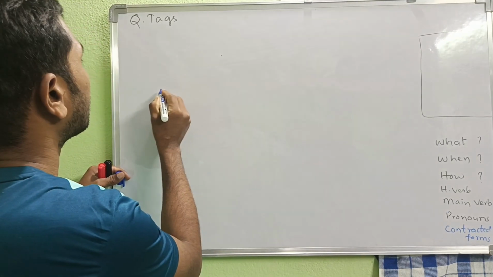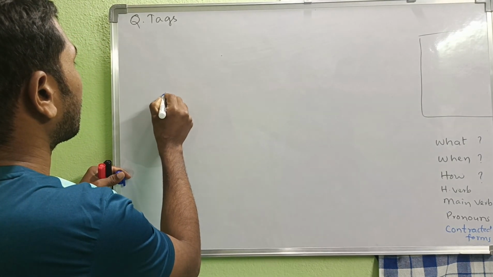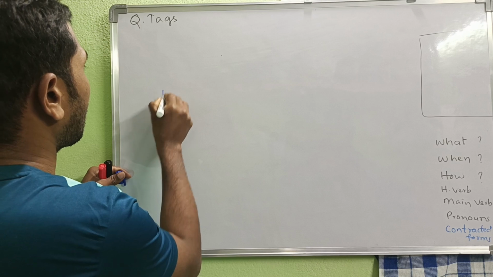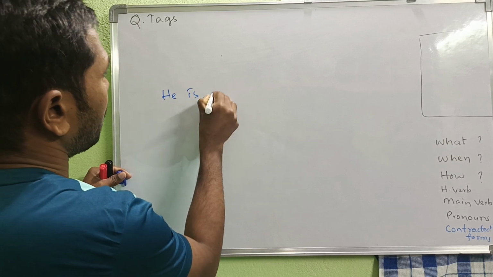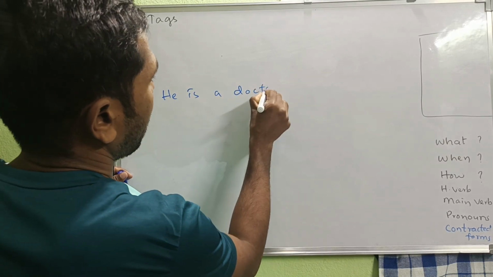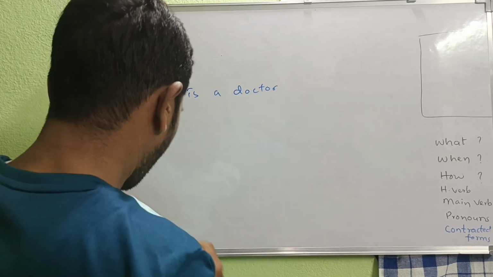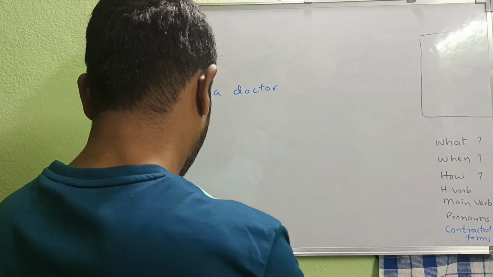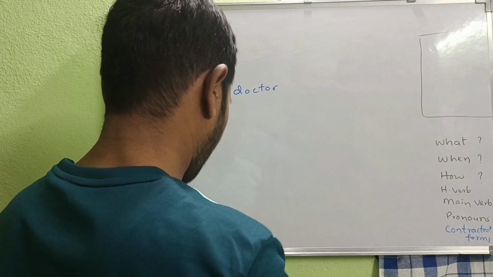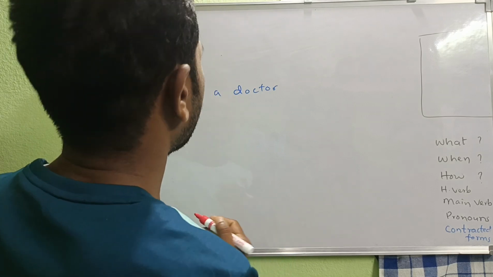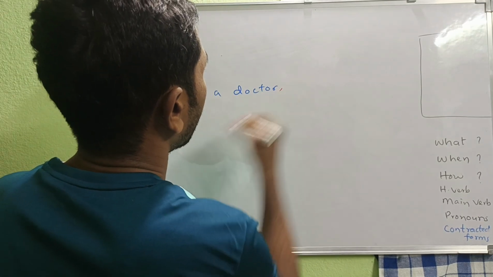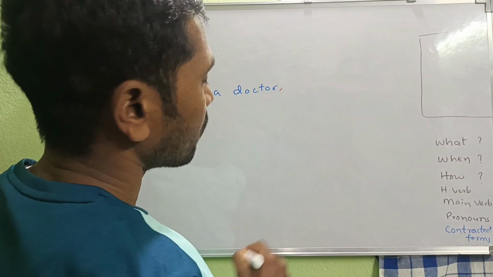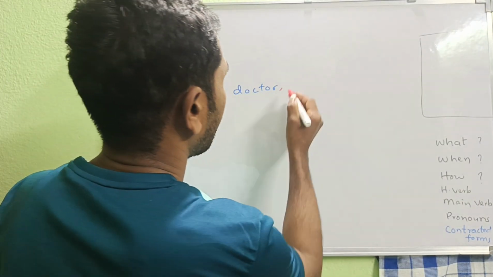First, he is a doctor. Here, the statement is positive. He is a doctor. The statement is positive, so we need to add a negative tag.